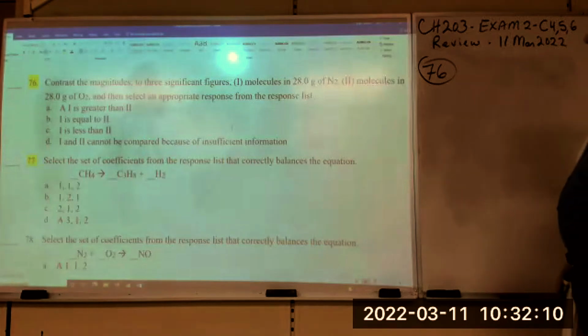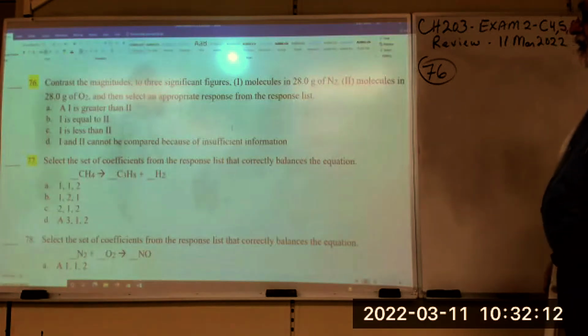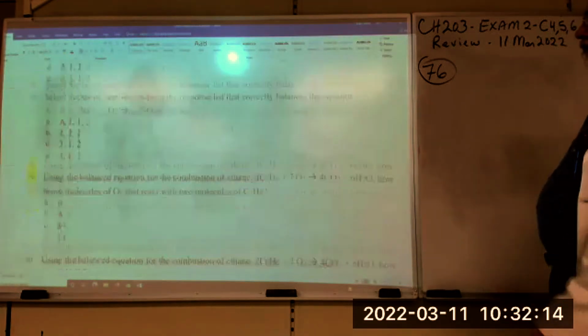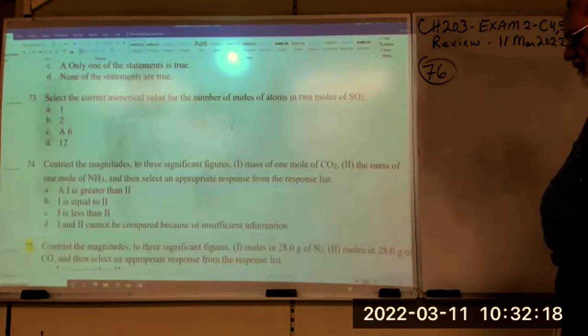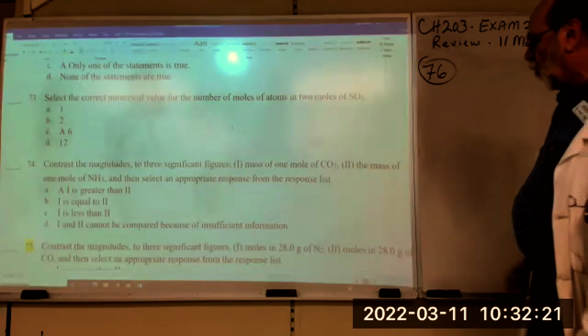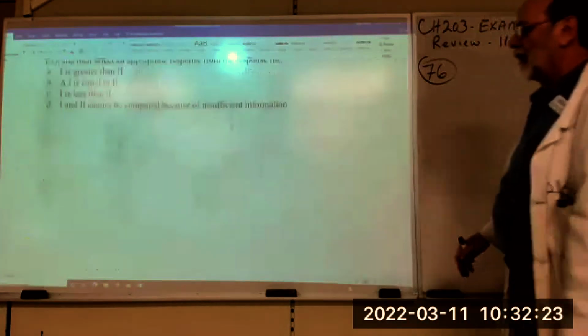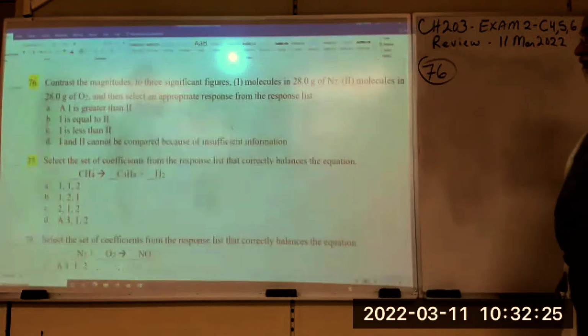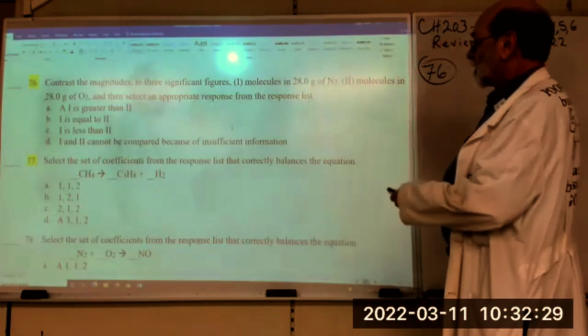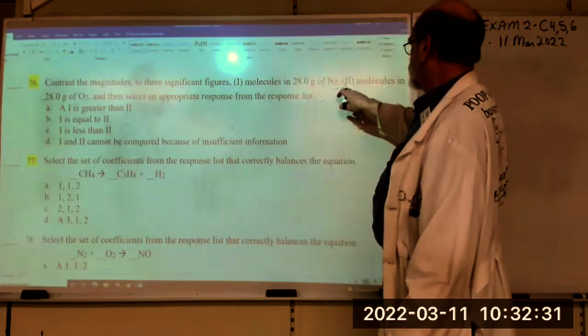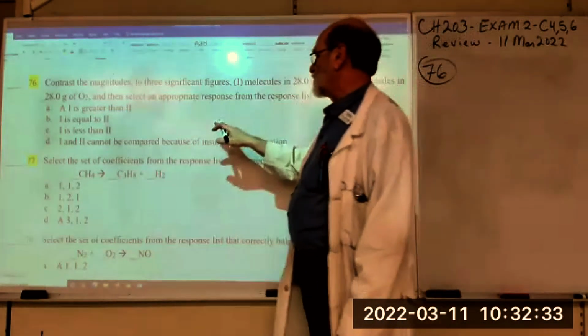Contrast the magnitudes to 3. Wait a minute. Oh, okay, 3 significant figures. All right, I second guessed myself. 3 significant figures, here we go. Molecules of 28 grams of nitrogen and 28 grams of oxygen.